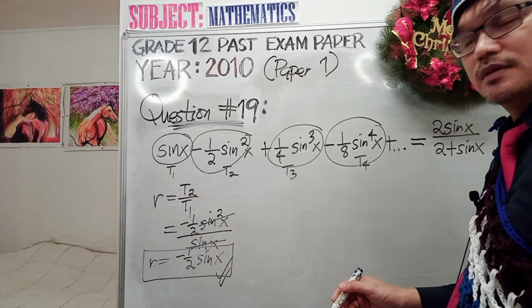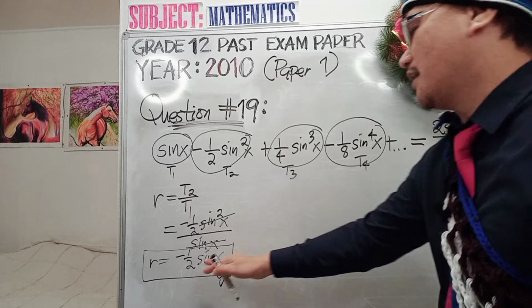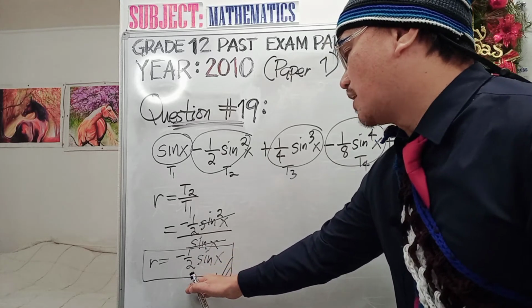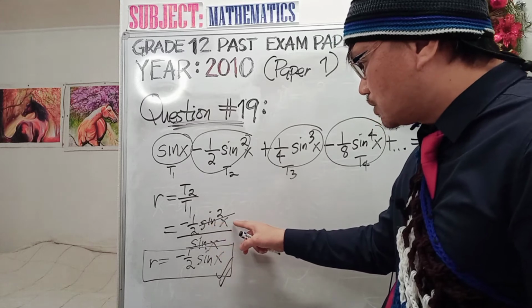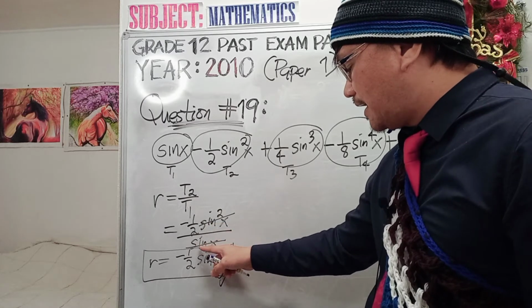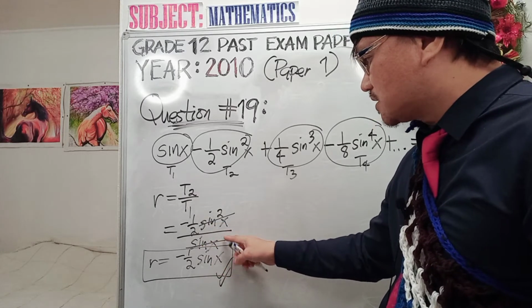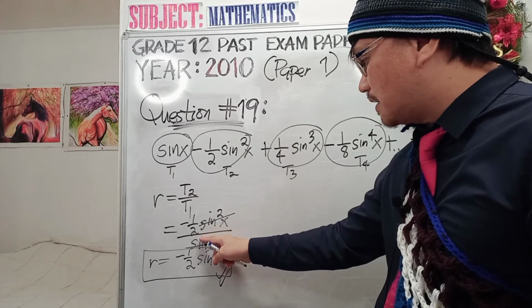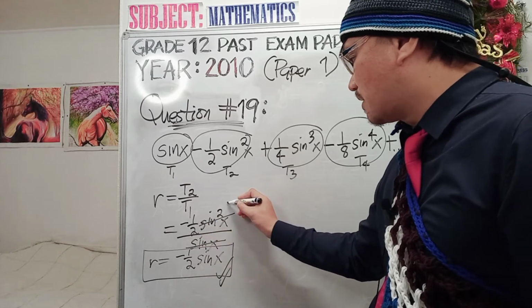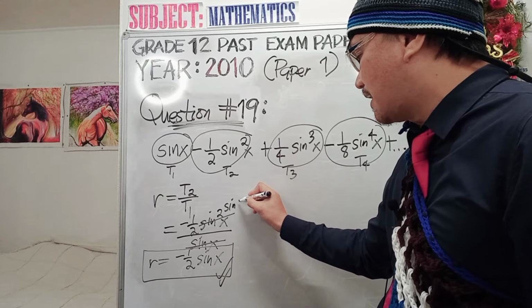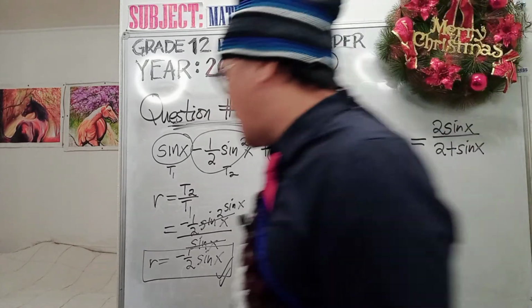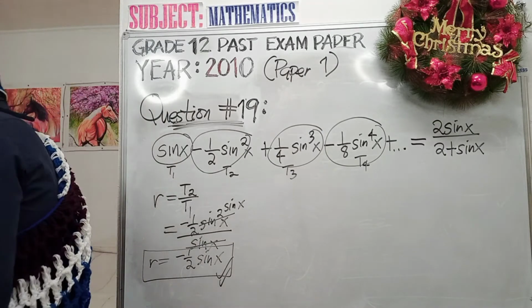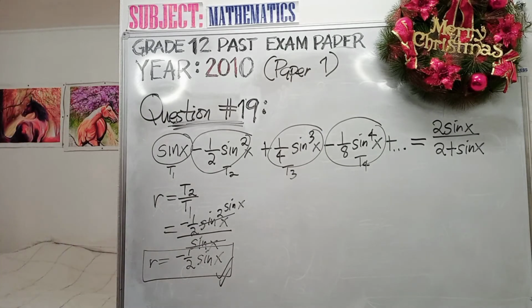Here we have negative 1/2 sine x, because this one has 2 sine x divided by sine x. Then you cancel one sine x and are left with sine x only. So the common ratio is negative 1/2 sine x.